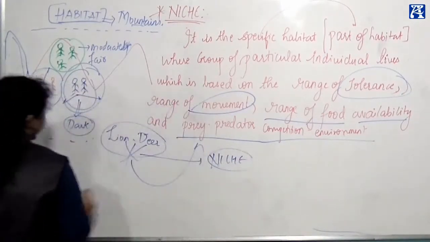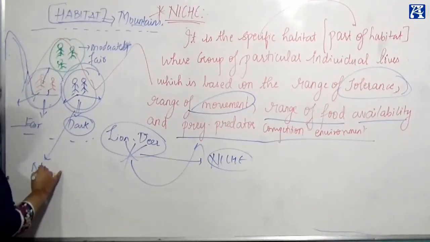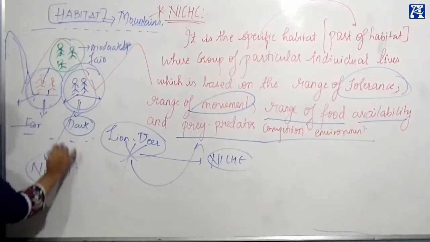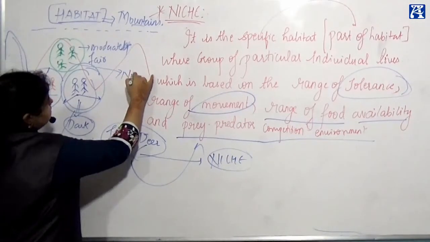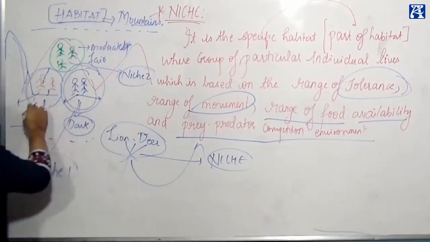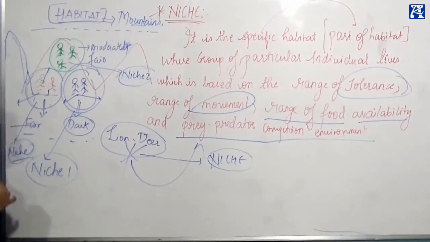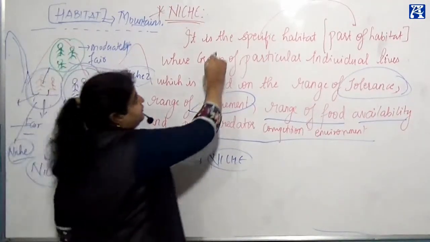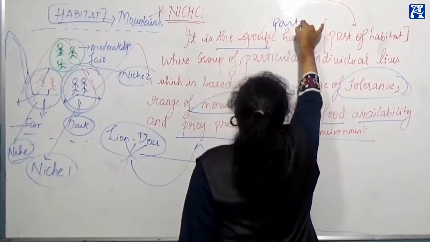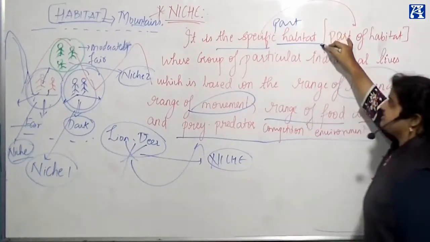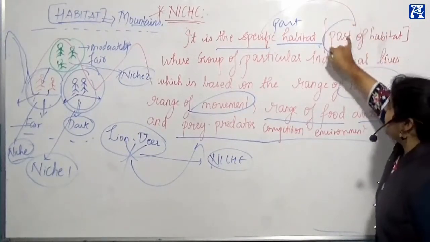And my friends, this is one niche. This is one niche. And this is one niche. Initially, I said niche is a specific part of habitat, or a specific habitat. Part of habitat.